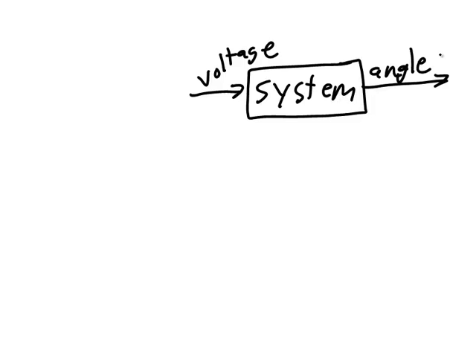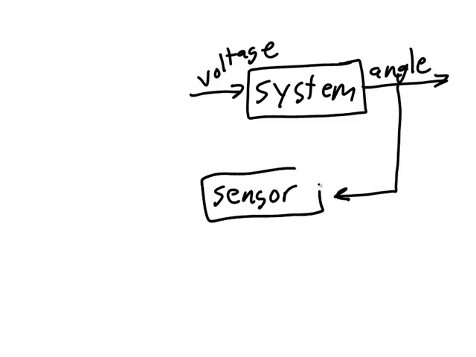Here, I've lumped together the pendulum and the car together in system. We also still have our sensor feeding back. However, we can now have another block, our controller, which converts something else into voltage.